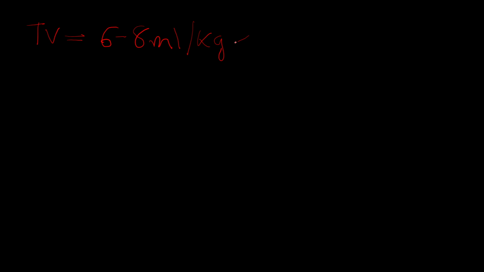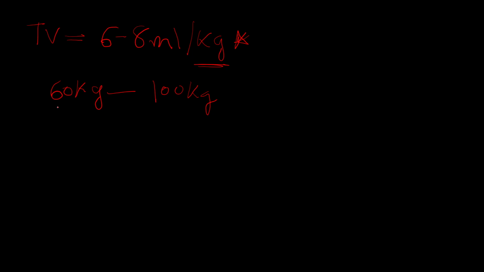Now remember, this per kg body weight is not the actual body weight. Suppose I am 60 kg now and I don't exercise and my weight increases to 100 kg. This doesn't reflect on my lungs.